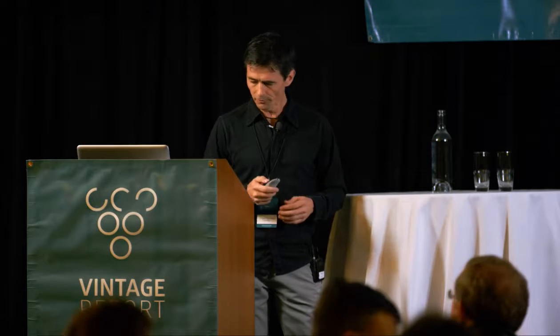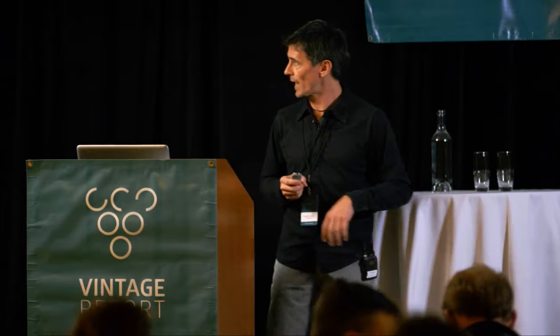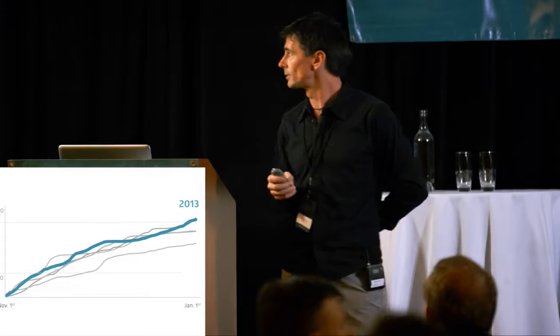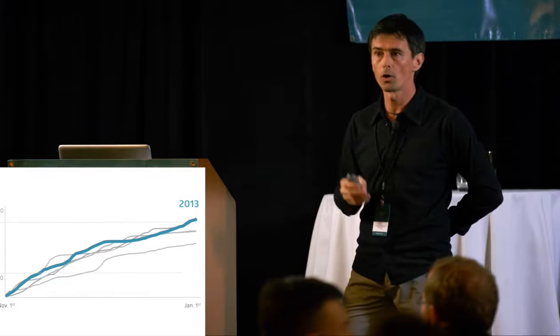So for that matter, we are going to look at temperature during period 1 and rainfall during period 1. The first thing that is important to stress here is that if you look at temperature accumulation during November 1st until January 1st, you see that 2013, which is the beginning of 2014, is not standing so drastically different from other warm vintages.